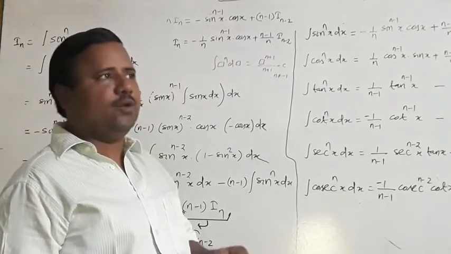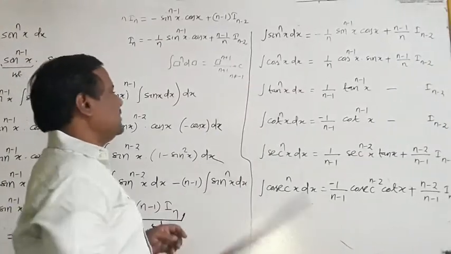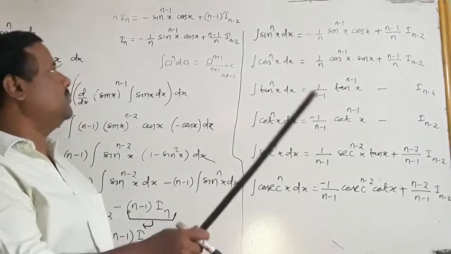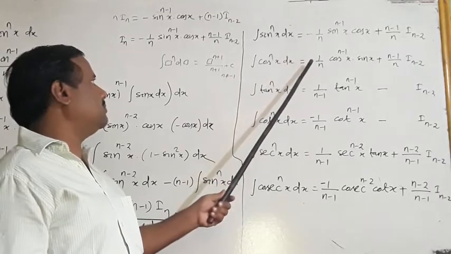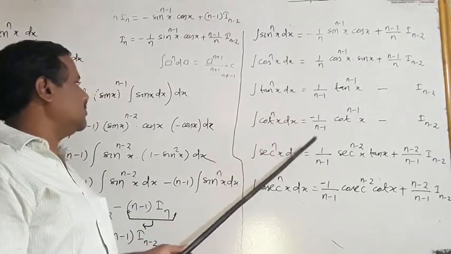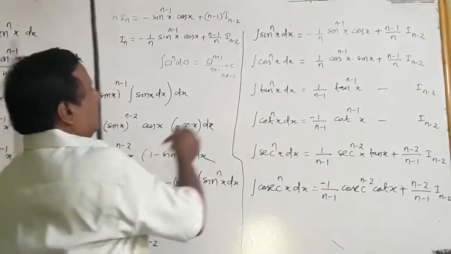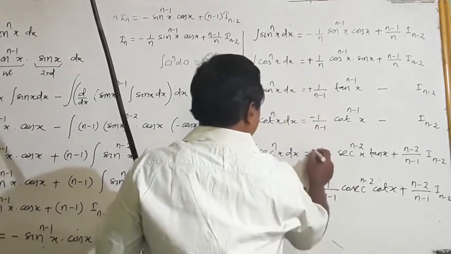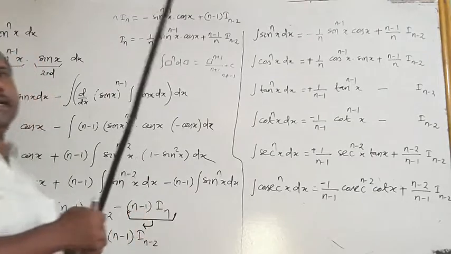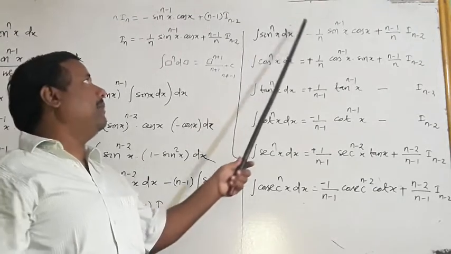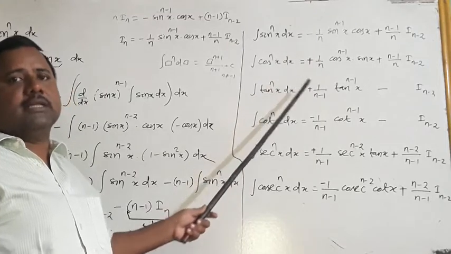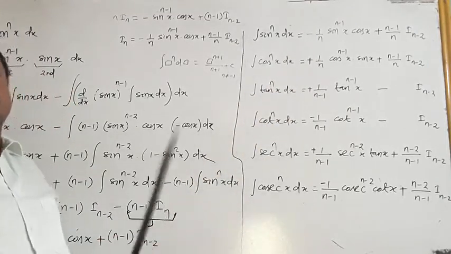Now I am telling you how you can remember these 6 formulas in a very easy method. First signs: minus, plus, then plus, minus. I am telling it again. First sign, minus, plus, then plus, minus. Okay.